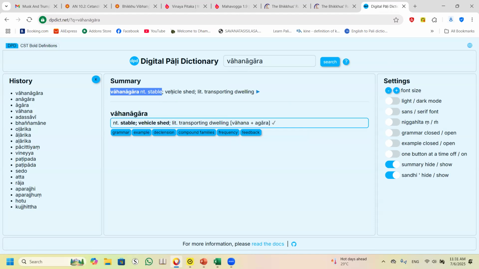Can you see vehicle shed? Understand? Vehicle shed. That means you have the carriage. So in modern words, for our car we say garage. If it's a horse, you say stable. So it's a shed. That's why it is translated in this way. I think you can understand why. Actually, it's not wrong, maybe I just used a wrong word.